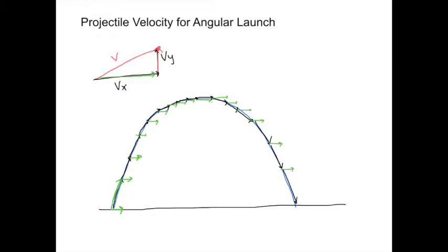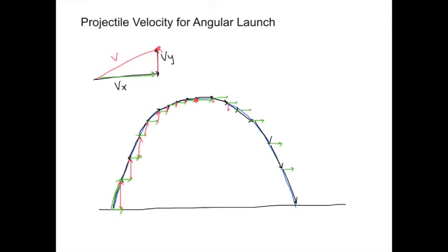Now let's look at the y velocity. So once again, we'll draw the component. The y velocity starts out pretty large, but as the object approaches the top, it slows down because it's decelerating on the way up due to gravity. We can see that the y velocity becomes very small until it's 0 at the top, right at this point. There is no y velocity. Now the object starts to fall.